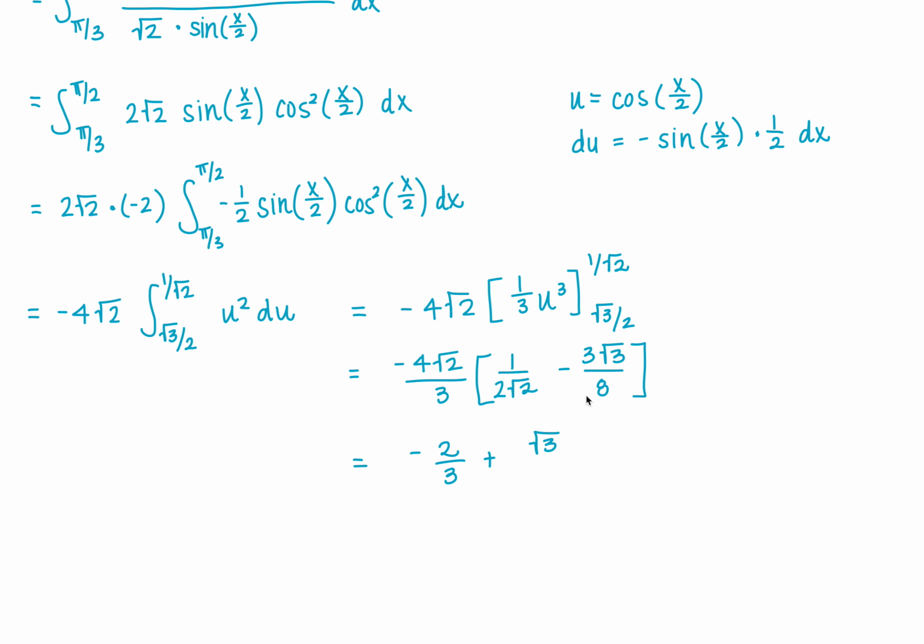So the square root of 2 and the 2 down here leaves me with the square root of 2 in the denominator. So I've got -2/3 plus the square root of 3 over the square root of 2. You could rewrite that as one fraction, so -2/3 plus the square root of 3/2.